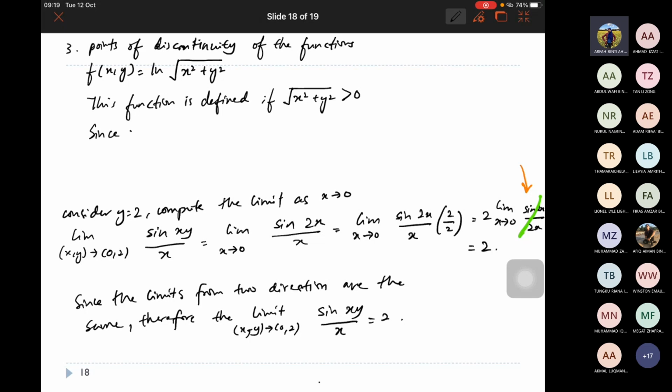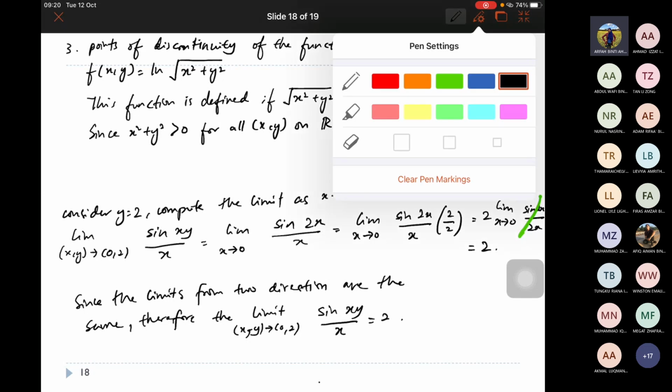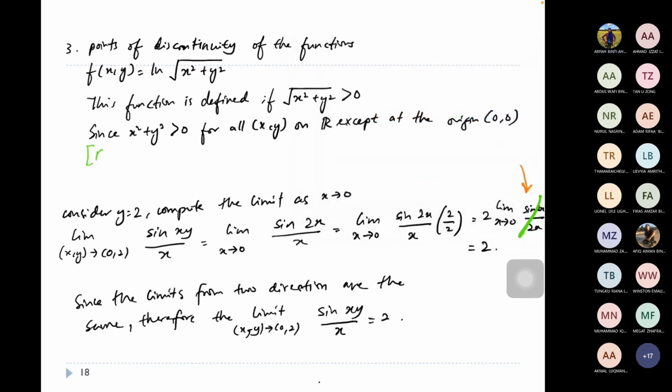So since x squared plus y squared is greater than 0 for all x, y on the real number, except at the origin. Maksudnya dekat titik 0, 0. Okay. Because ln 0 is undefined. Okay.